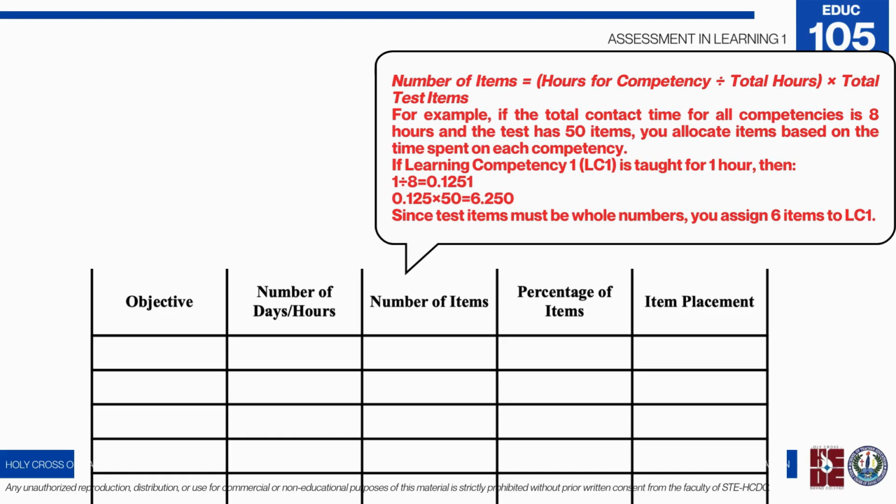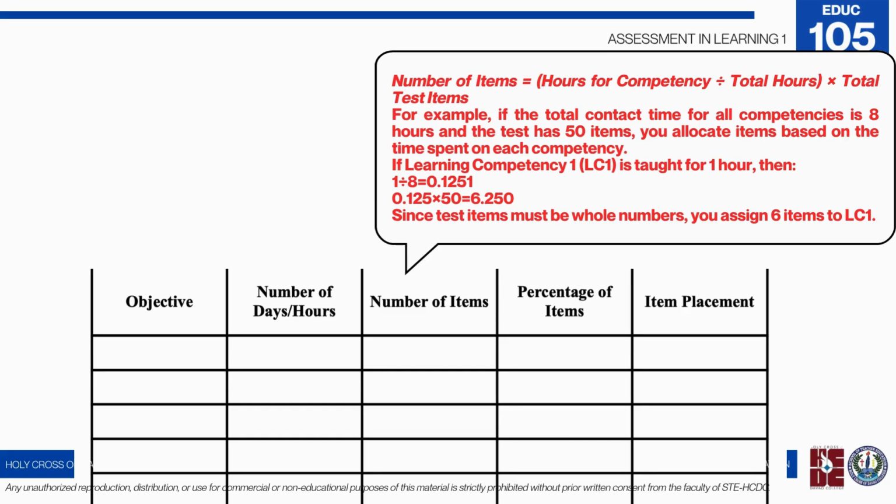Times 50, because 50 is the target total items, we get 6.25. Since, of course, there is no 0.25 item, we assign 6 items to that learning competency. So again, it's what we call proportionality.